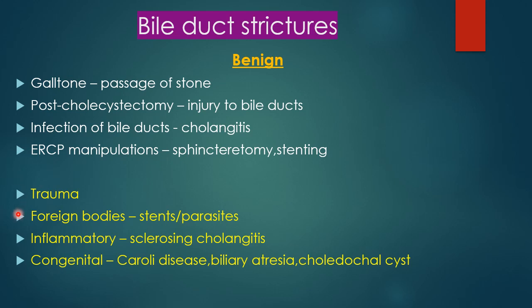Other less common causes are foreign bodies such as stents or parasites causing obstruction and inflammation of the bile ducts, inflammatory conditions like sclerosing cholangitis, and congenital cases such as Caroli's disease, biliary atresia, and choledochal cysts.